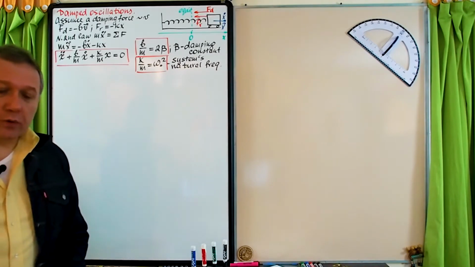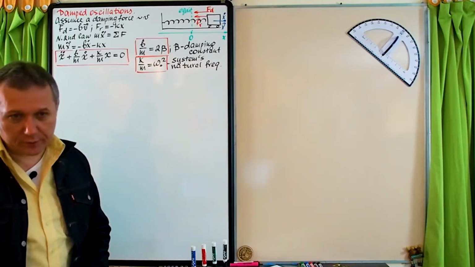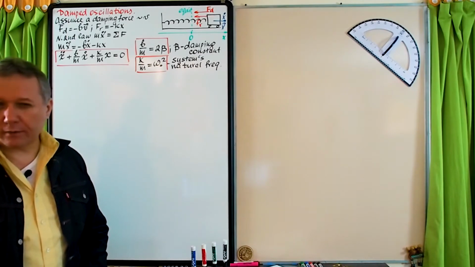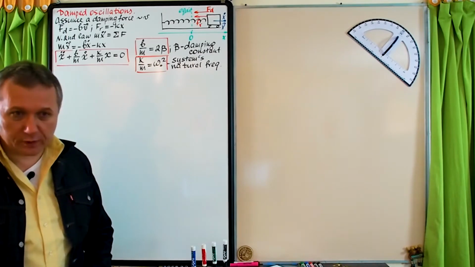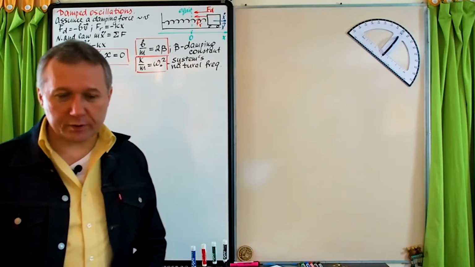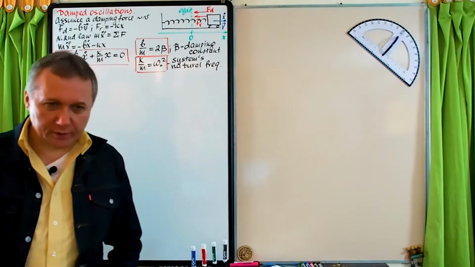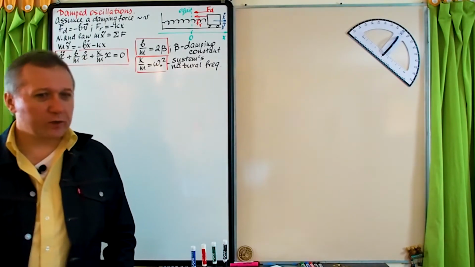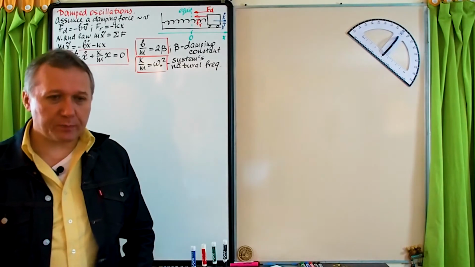We're going to call it the natural frequency of the system. From now on we're going to have a few omegas, so we have to be careful: there will be omega naught, omega 1, omega 2, just omega, plenty of omegas.